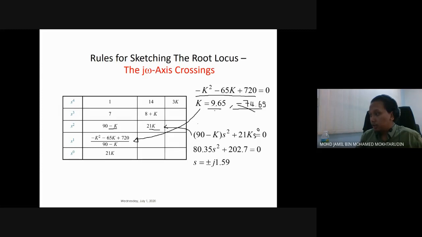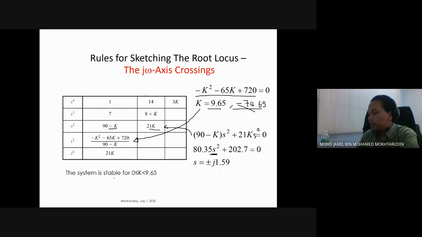So you substitute k into the row s squared, and you'll get 80.35 s squared plus 202.7 equals 0. Then solve for s. You will get s equals plus minus 1.59 times j.